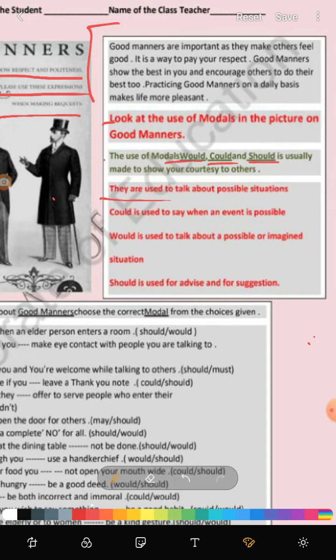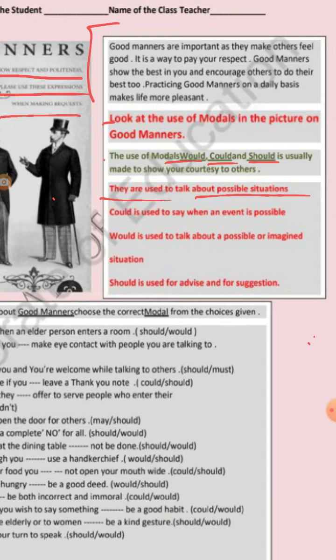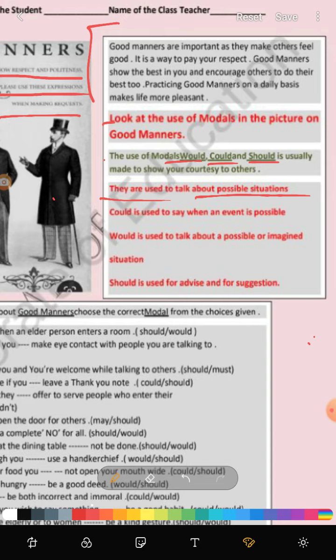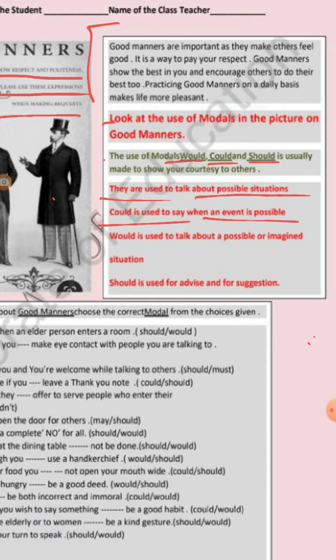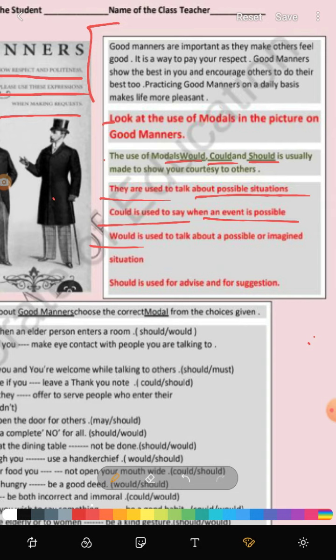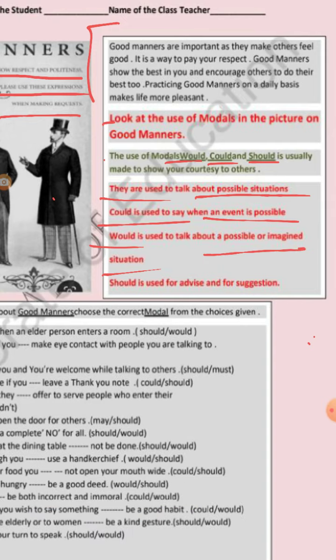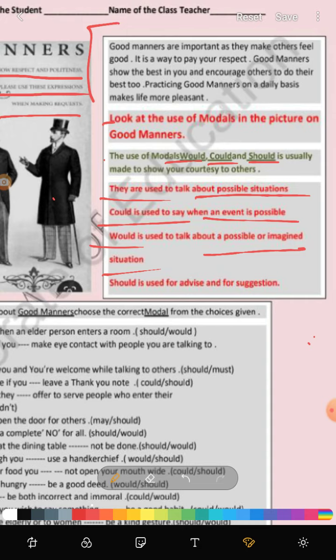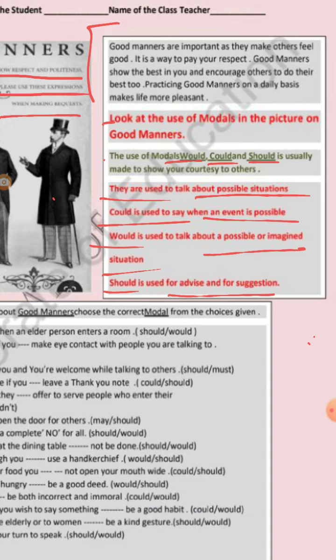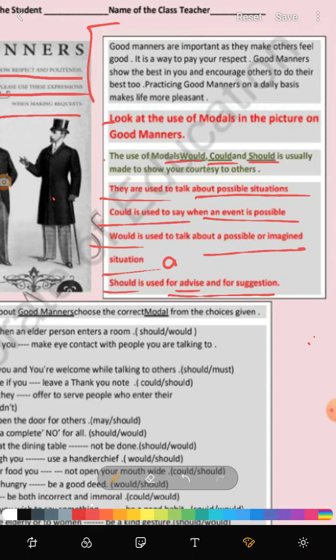They are used to talk about possible situations, and could is used to say when an event is possible. Would is used to talk about a possible and imagined situation. Then should is used for advice.